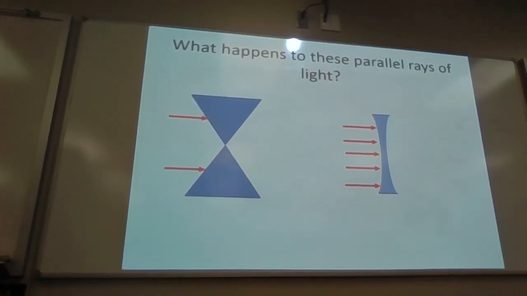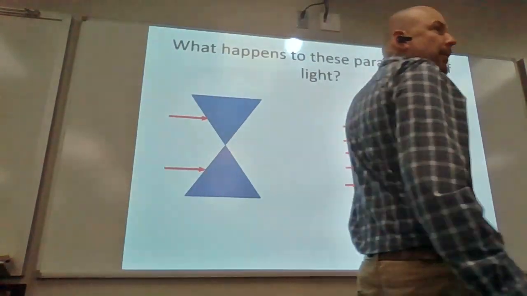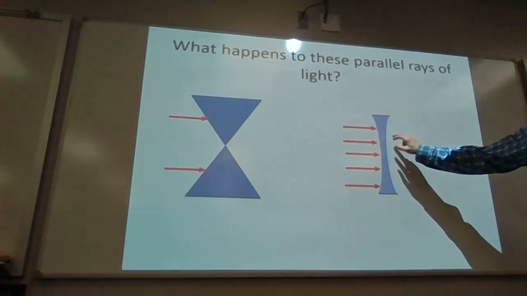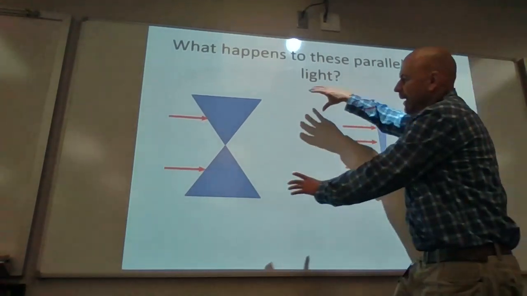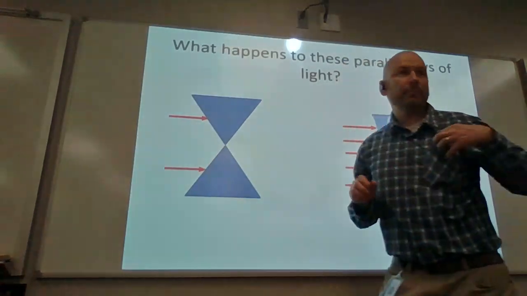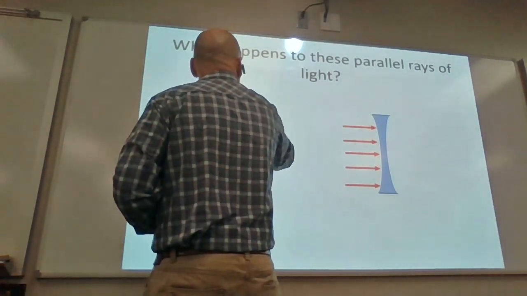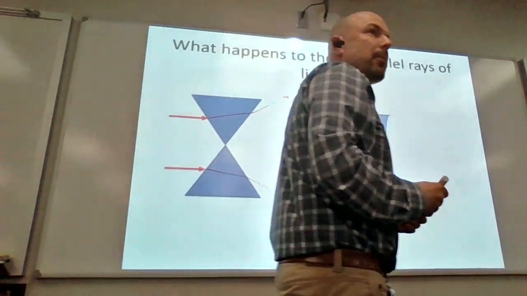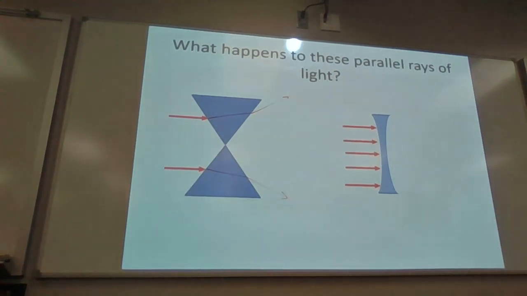Does everybody see how this arrangement of the prisms models are similar to this diverging lens? Thick on the top and bottom, thin in the middle. Refracts, refracts, refracts, refracts. Are we good? Yes. Okay.